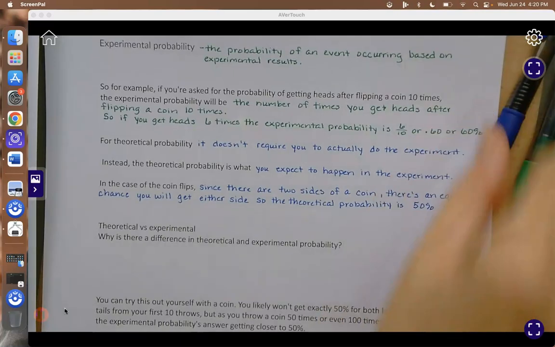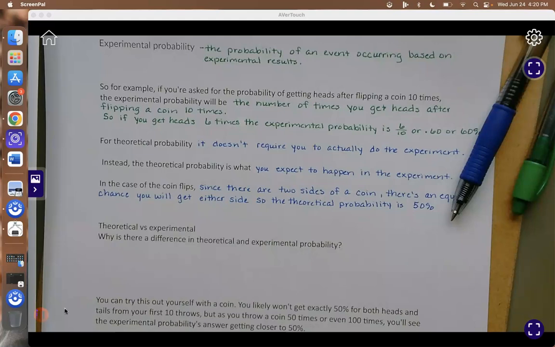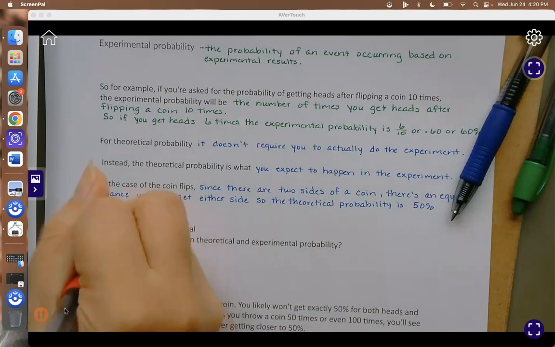So the next piece, why is there a difference in theoretical and experimental probability?